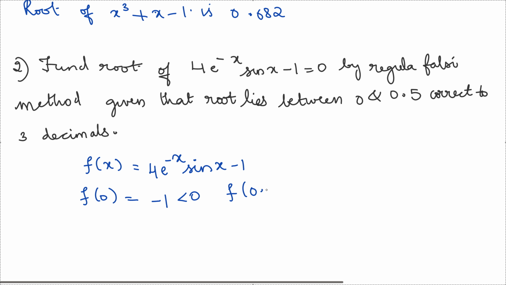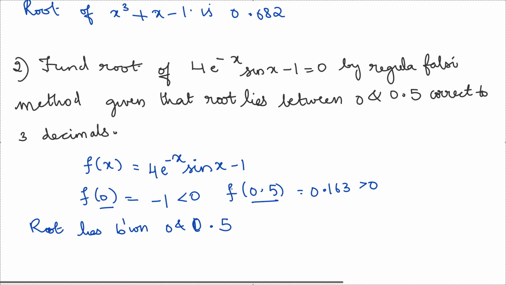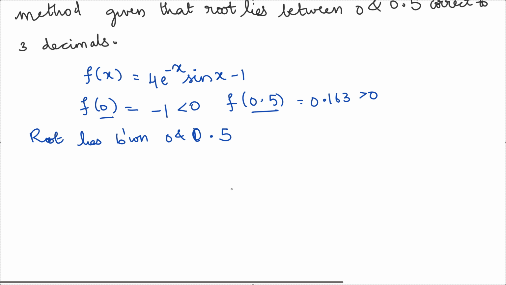Now what is f of 0.5? It's 0.163. This is greater than 0. So the root lies between 0 and 1. Sorry, 0 and 0.5. I got used to writing 0 and 1. 0 and 0.5. So the root lies between 0 and 0.5.